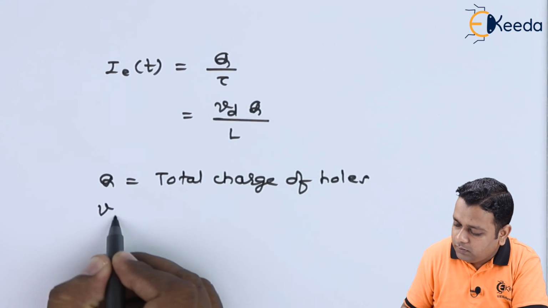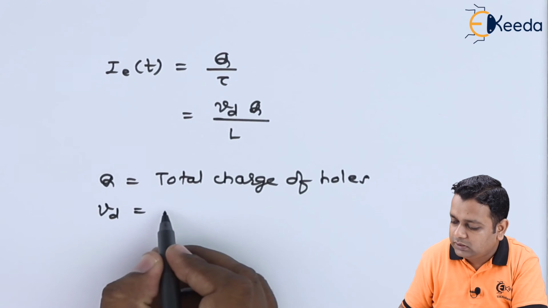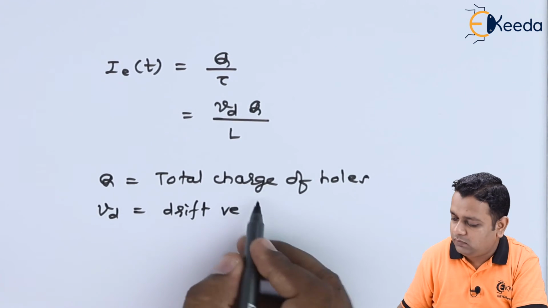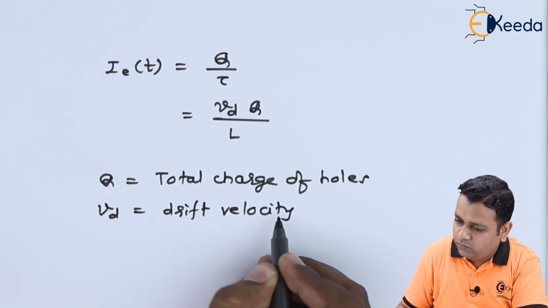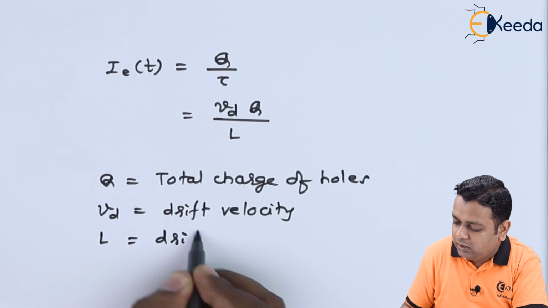V suffix d is the drift velocity for these holes. And finally, capital L represents the drift length.